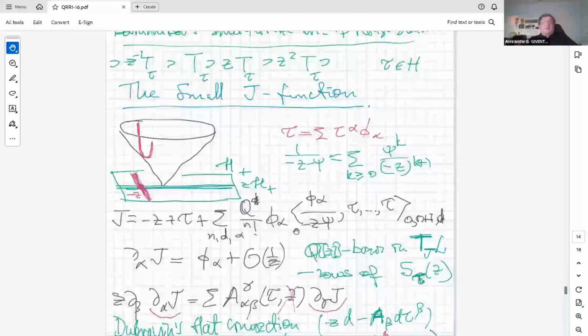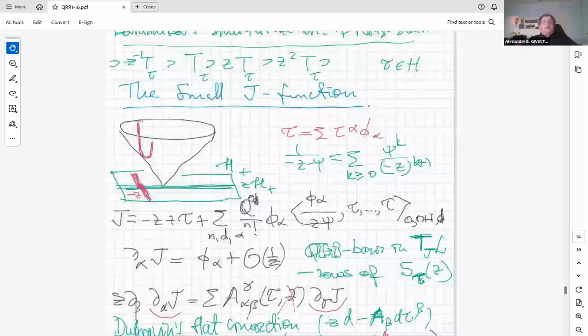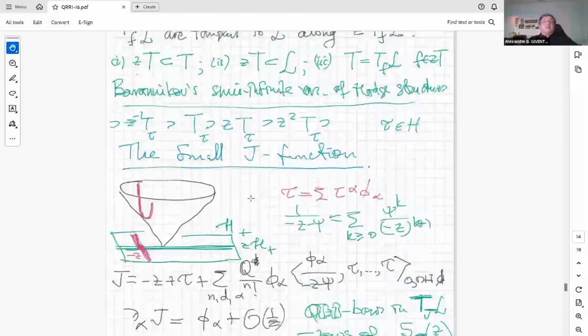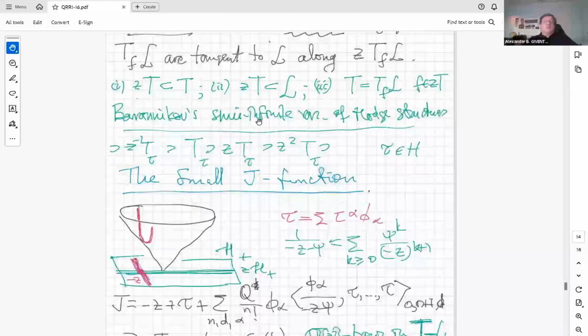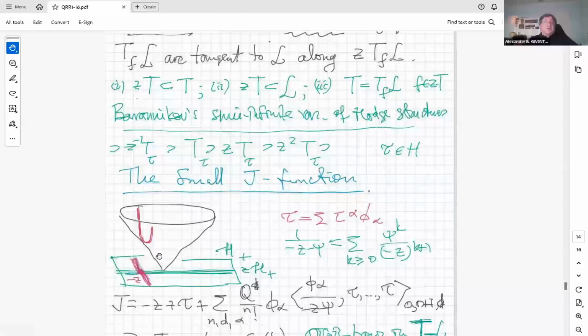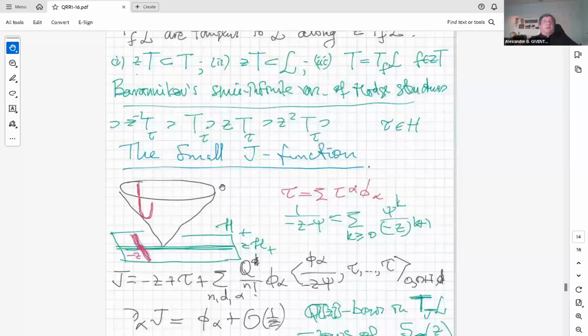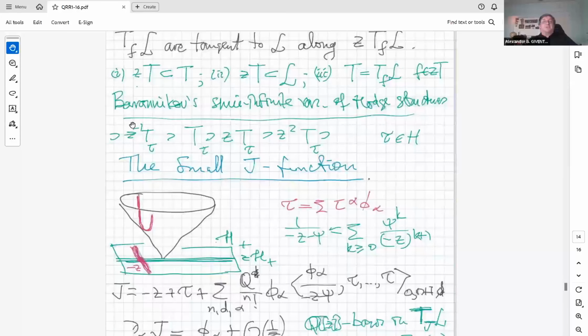What was the state of that story by that moment? There is Barannikov's geometric point of view on it. He calls this what I call the small J function, and he says that it determines such a semi-infinite variation of Hodge structures.